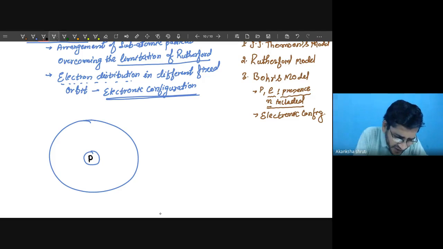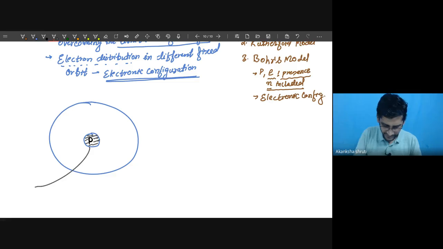So this central region is our nucleus, as given by Rutherford.